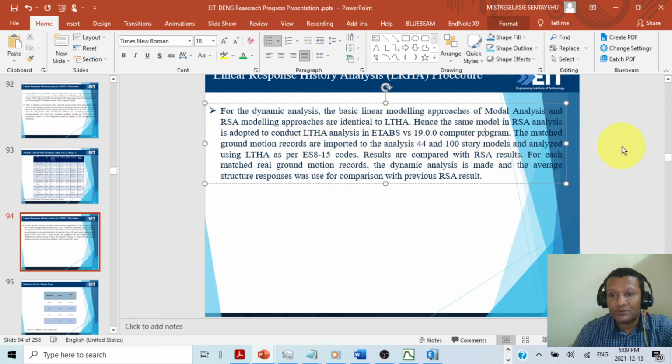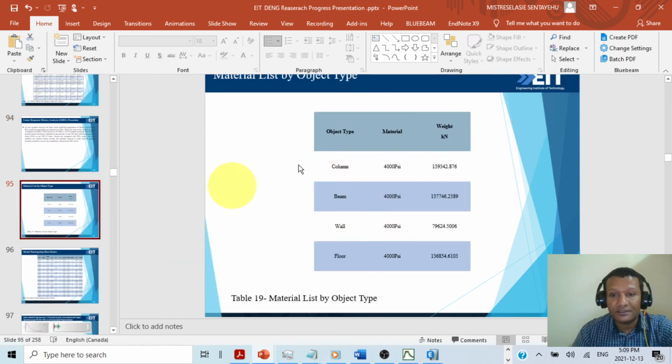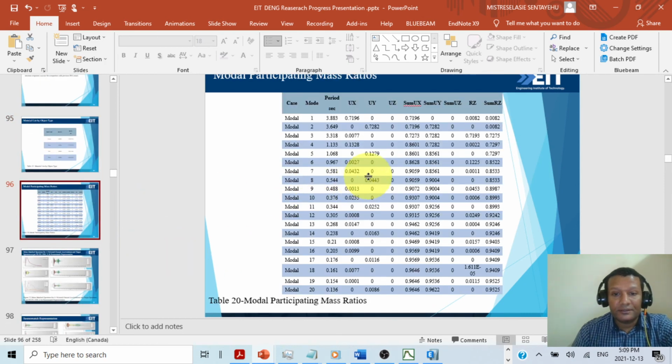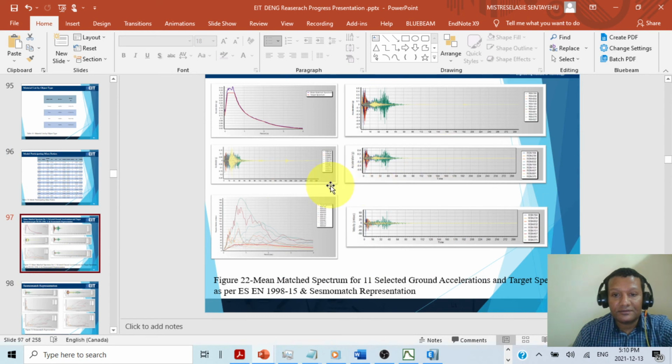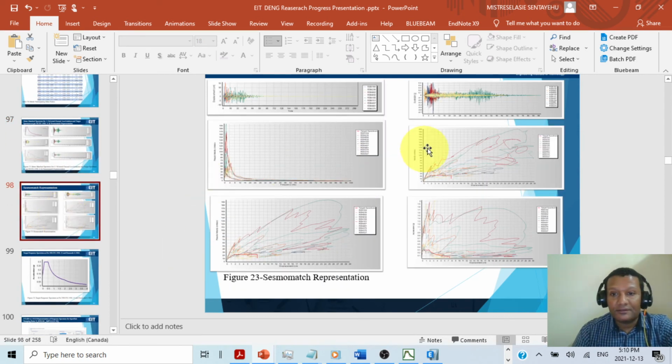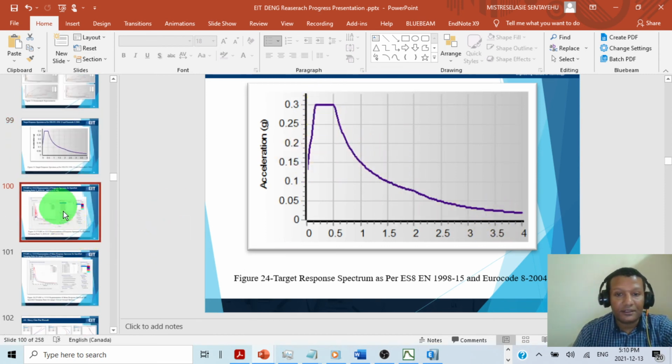The model is the same, so we used the same building for the 44 and 100 story building because this is linear. This is the material property, and these are the time periods and modal participation factors which we have obtained, and this is the SeismoMatch ground motion. This is how we match it. We took all 11 and tried to match them to the target response spectrum.